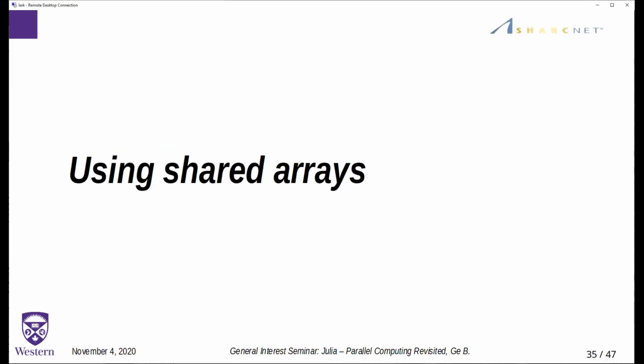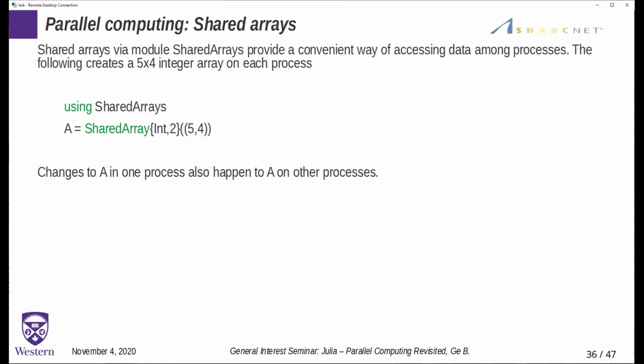Okay. So next, similarly, there's the feature shared arrays. Shared arrays, by its name, means that if you create an array, then this array will be visible and shared by all the other workers.